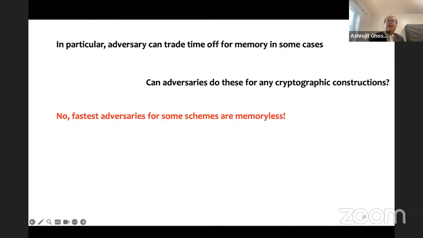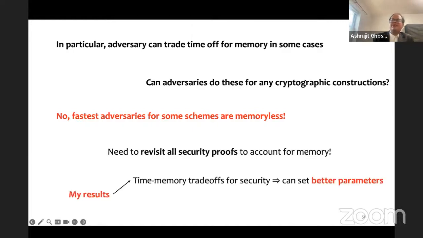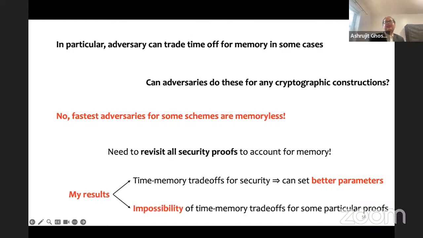Sometimes the fastest adversaries use little to no memory at all. So it's a nuanced scenario, and that needs us to revisit all security proofs to account for the memory of an adversary. And my research has contributed towards that. I've shown time memory trade-offs in some cases, while showing that trade-offs are not possible for some particular proofs in other cases.